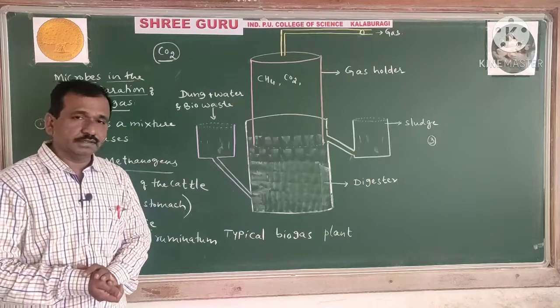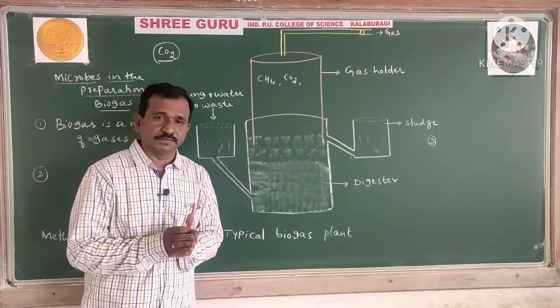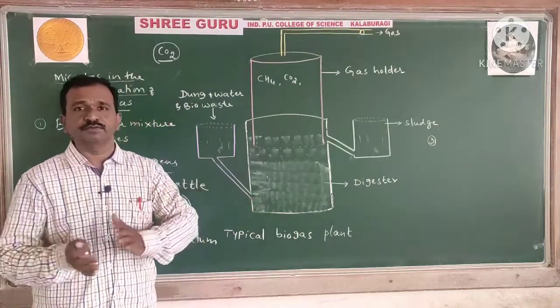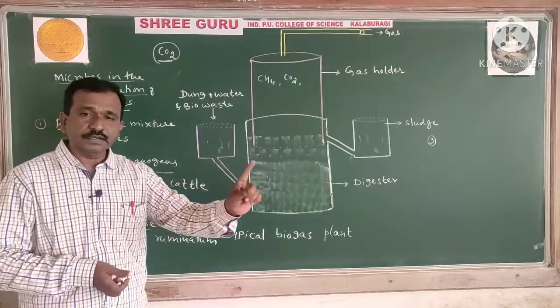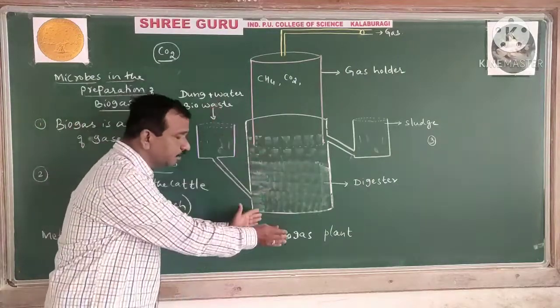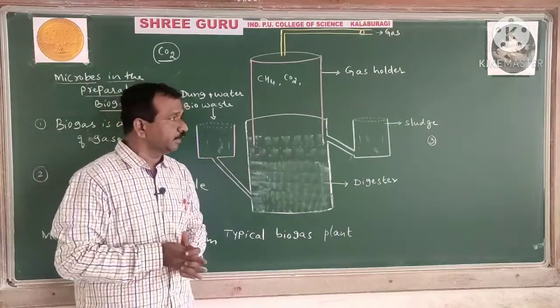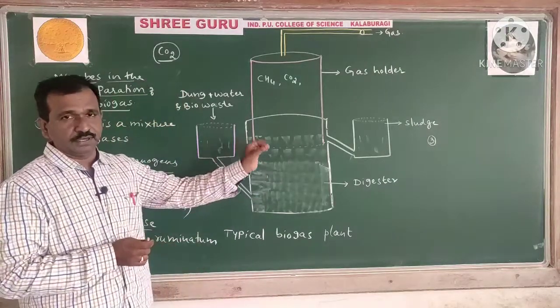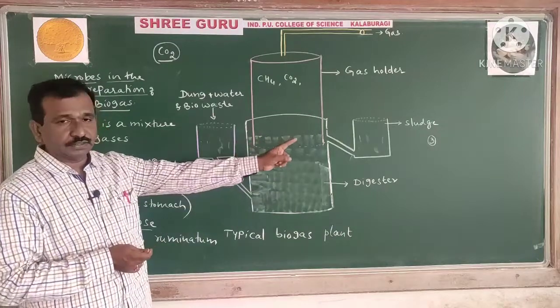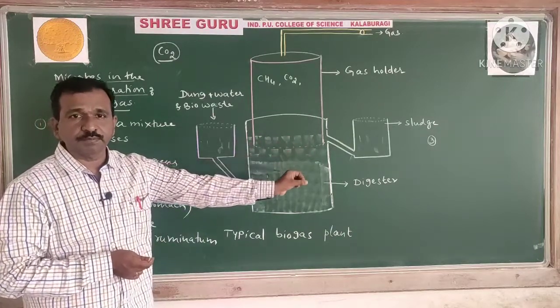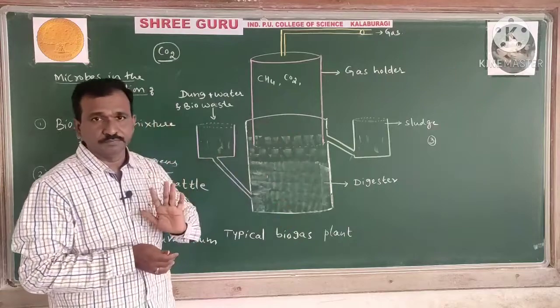When making a biogas plant, the important part is that rearing of cattle is required. If there is only one cattle, then preparation is not possible. So rearing of cattle is required. We have to keep that in mind. Rearing of cattle is required for the preparation of biogas plant.